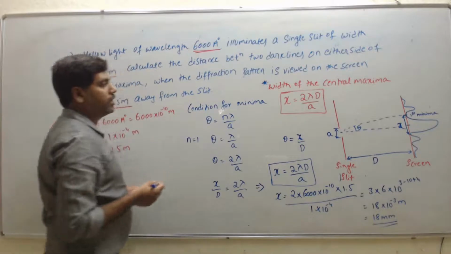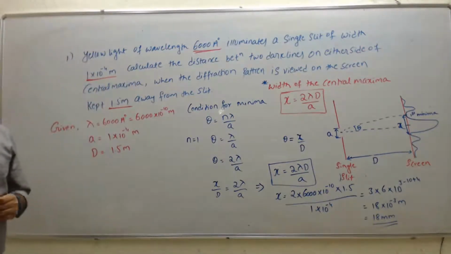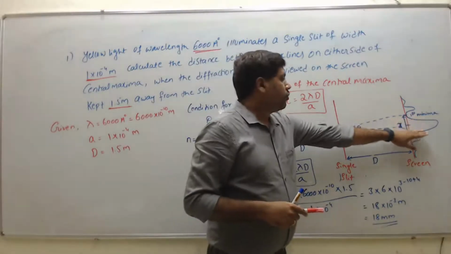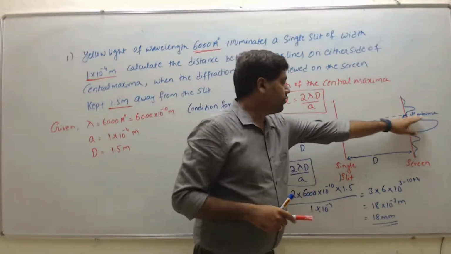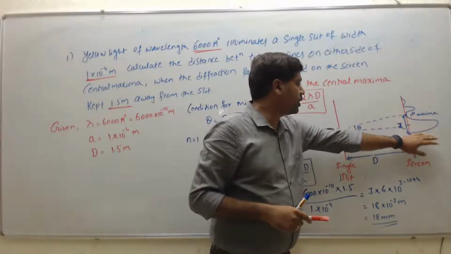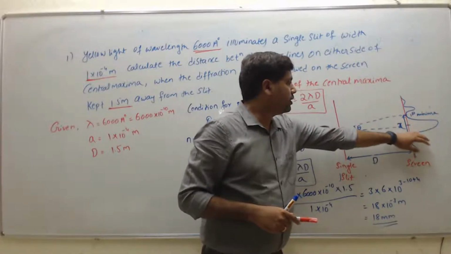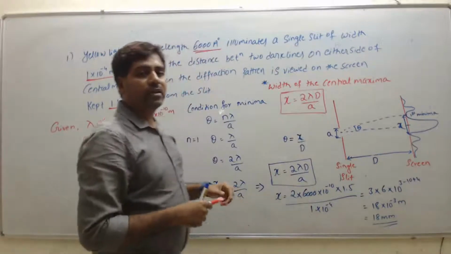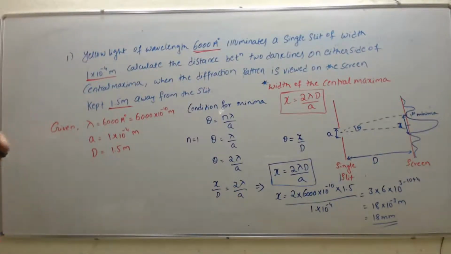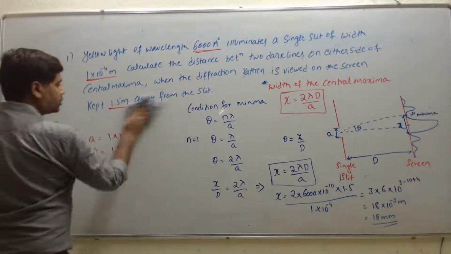That is the formula for the width of the central maximum, or they may ask the distance between the first minimas. The distance between the first minima on either side is equal to the width of the central maximum. Right? So this is the second question. Move on to the third question.